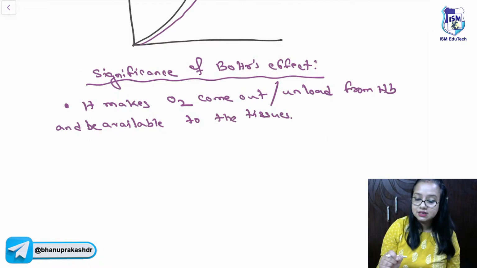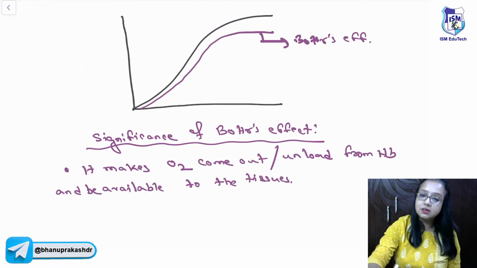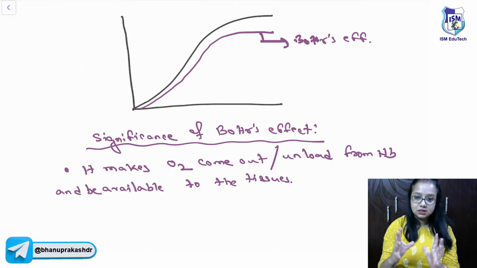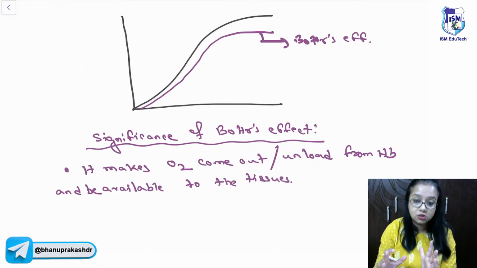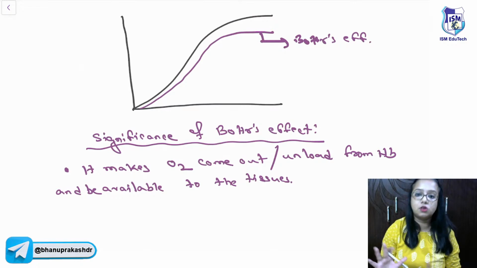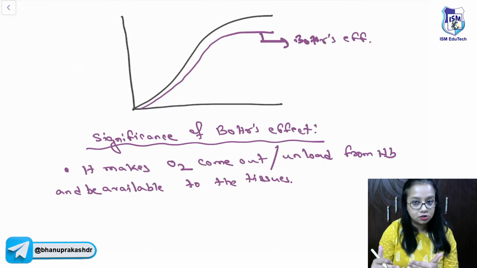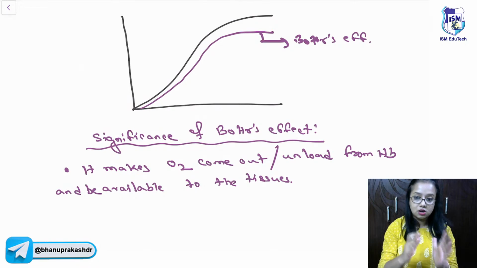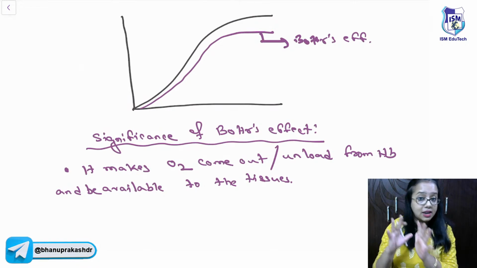So if there are certain conditions in which the tissues need oxygen, it is because of the Bohr's effect, because oxygen is bound to the hemoglobin, right? A saturated hemoglobin also acts as a storehouse of oxygen, right? We can think of it that way also, because hemoglobin has binding sites for 4 molecules of oxygen.